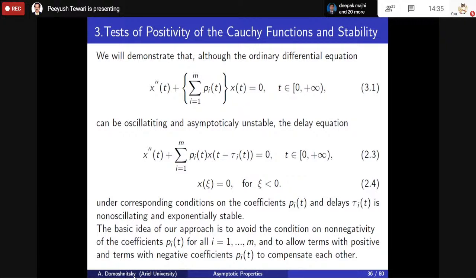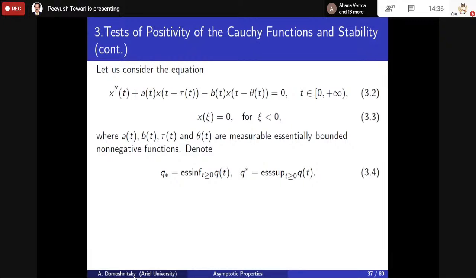What is the important idea? We don't assume that the coefficients are all non-negative. Coefficients can be positive and can be negative; maybe more exactly, they should be positive and should be negative. Next, please.